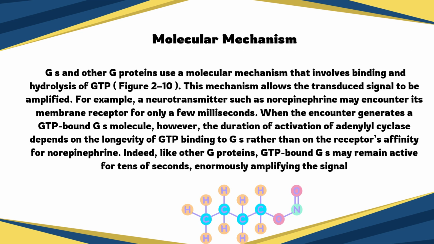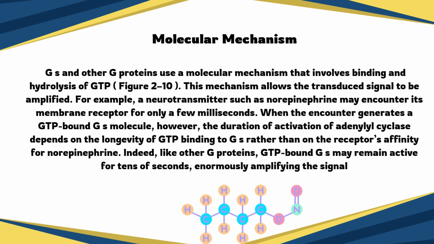So, molecular mechanism. Gs and other G proteins use a molecular mechanism that involves binding and hydrolysis of GTP. This mechanism allows the transduced signals to be amplified. For example, a neurotransmitter such as norepinephrine may encounter its membrane receptors for only a few milliseconds.